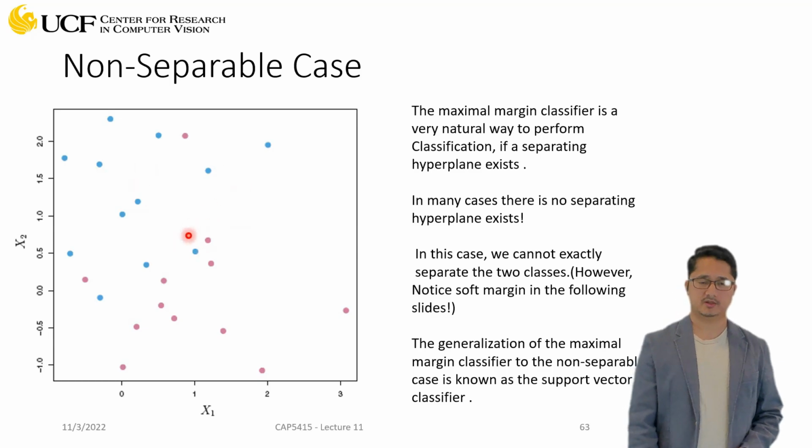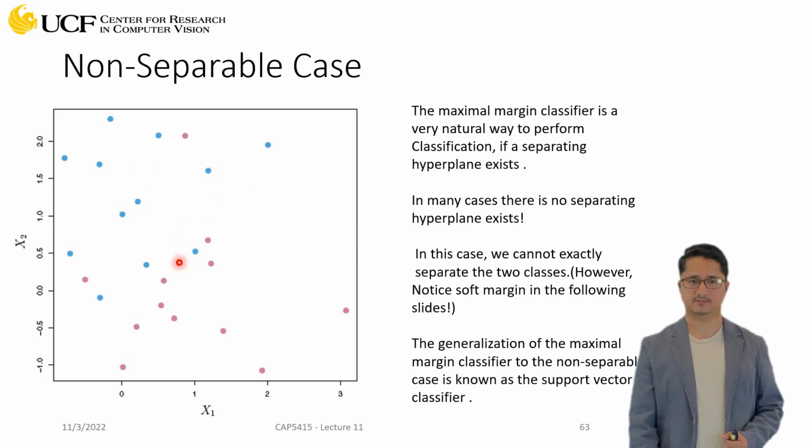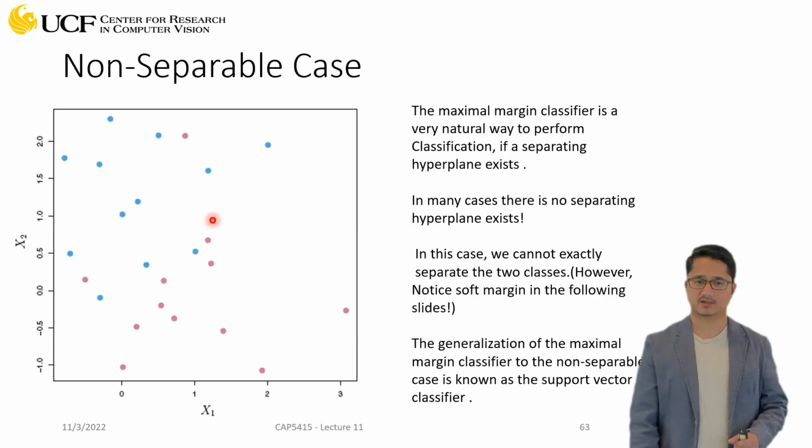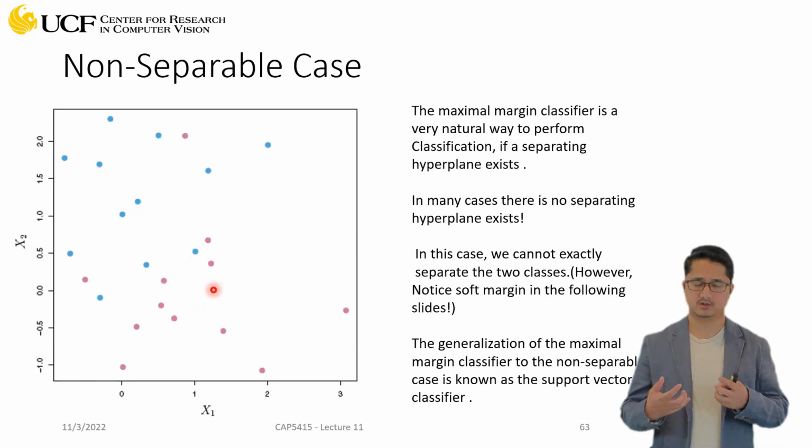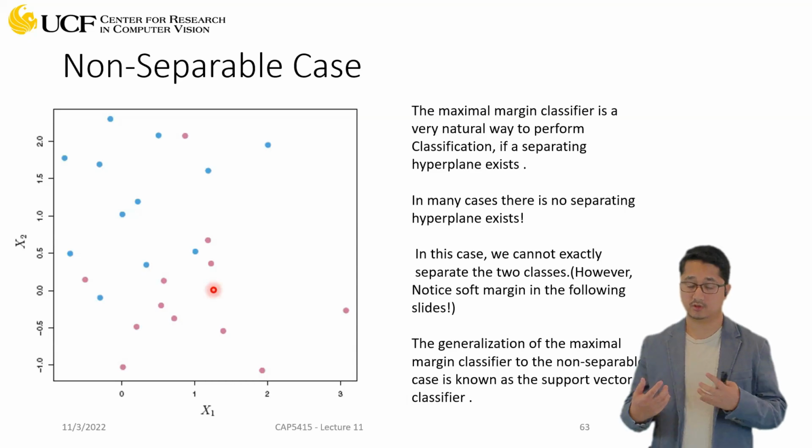But in this particular scenario, if I have to build a linear classifier, then it doesn't matter what kind of boundary I draw. I will never be able to separate these two classes. Okay, so this is a special case where your training samples are not separable.